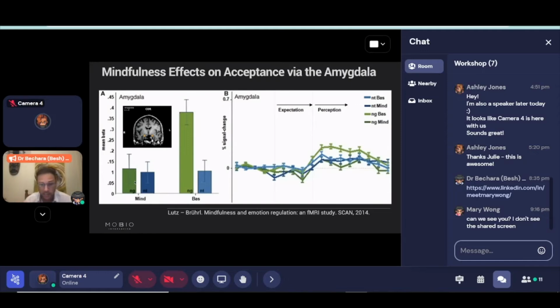Because if the amygdala isn't as active, then it isn't as able to control your response. You're essentially reducing how much influence the amygdala has in controlling the decisions that you make subsequent to that stimulus. And that's pretty cool. I mean, that's profound, right?